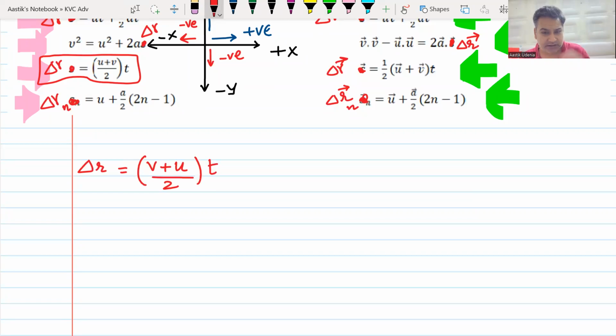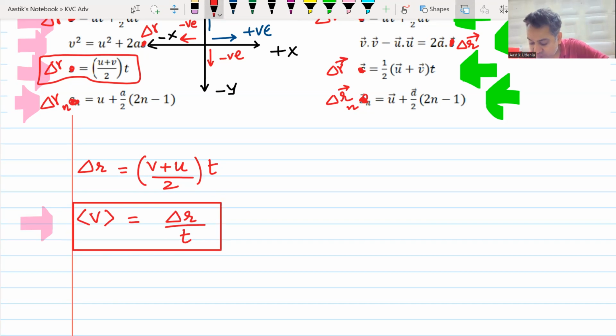Now, how this equation comes, I'll just give you a brief thing. We know that average velocity, I'm not writing the vector equations, average velocity is total displacement divided by total time. Yes or no? This is the definition of average velocity.